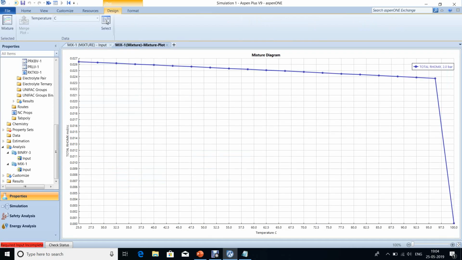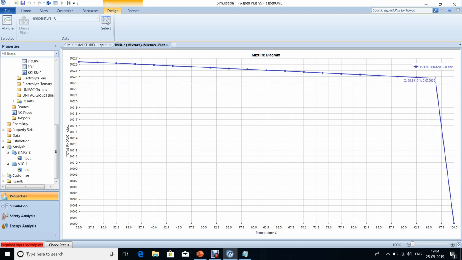Yes, again for a particular range the density is decreasing, and suddenly the density decreases from a particular value of 0.02 mole gram per cc to very little, very low density.